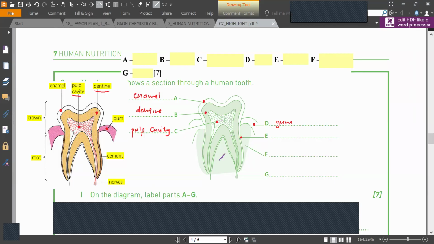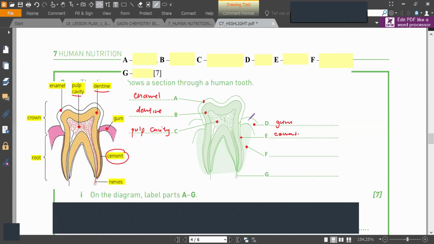It is what we call cement. So F is not mentioned here clearly.